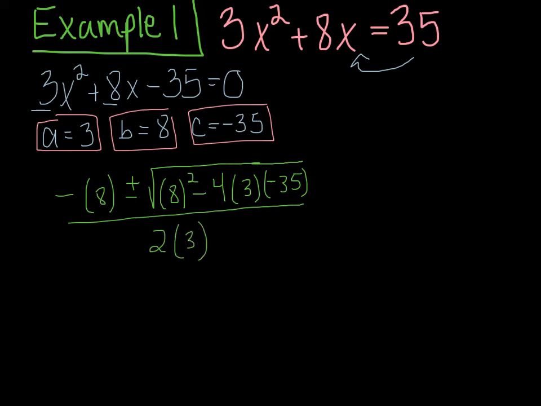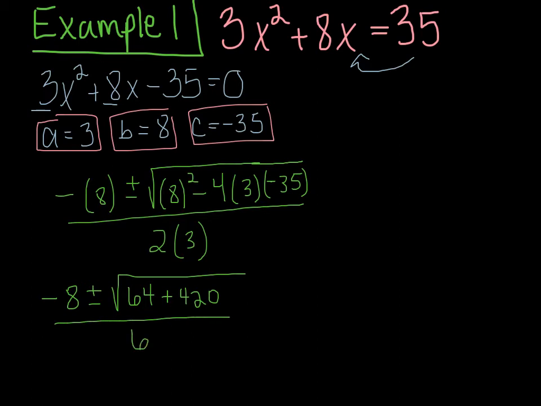So now let's start simplifying this. We have negative 8 on the outside, plus or minus the square root. 8 squared is 64. Negative 4 times 3 times negative 35 is positive 420, all over 2 times 3, which is 6.